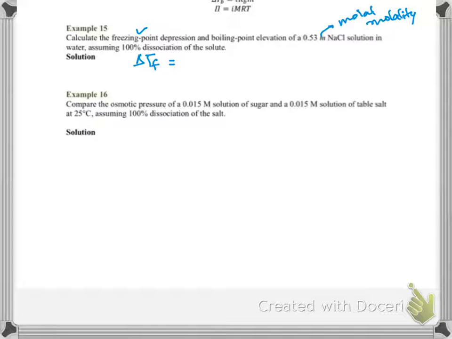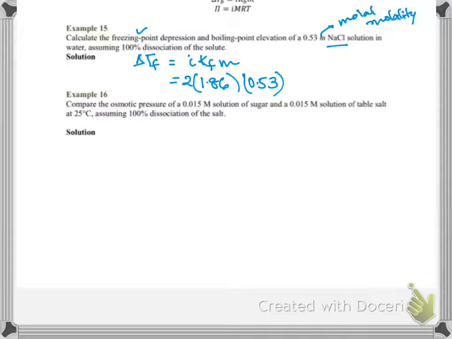Delta TF is i Kf m. I have to put i because it's sodium chloride, an electrolyte. The i value will be 2, because one unit of sodium chloride will produce 2 ions in the solution, 1 sodium ion and 1 chloride ion. The Kf value, the freezing point depression constant, is 1.86 degrees Celsius per molal, and the molality is given as 0.53. That is the way you calculate delta TF.